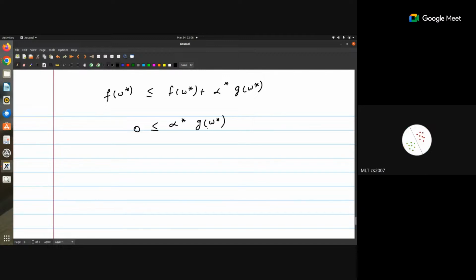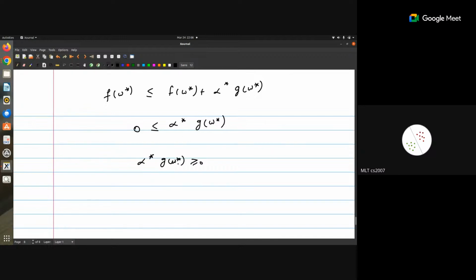So let's say alpha star and g of w star is greater than or equal to 0. If I wanted to use the equality constraint, either alpha star will be greater than or equal to 0, or g of w star will be greater than or equal to 0, right? If I purely look at this equation, these are the two cases.